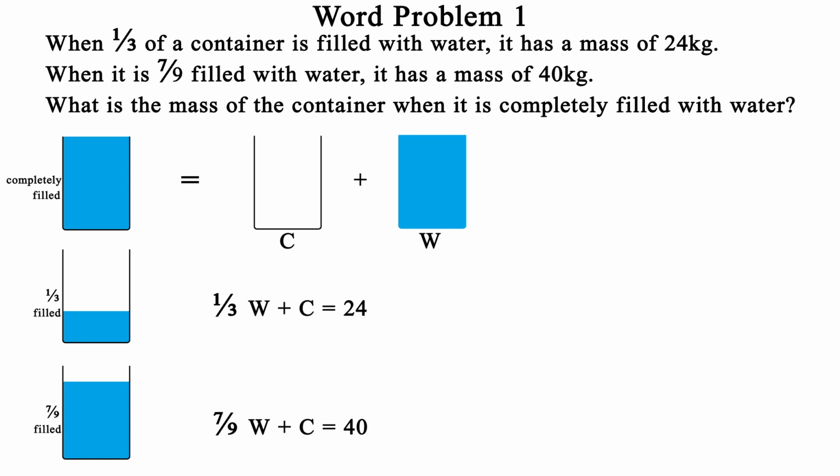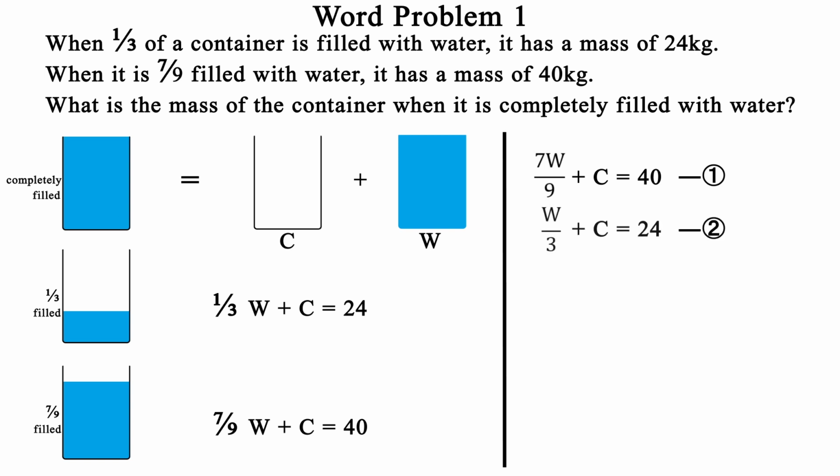So that it looks good and it's easier, the second equation is a little bigger one, so I'm going to write that down first. So I'm rewriting my two equations. The first equation is 7W/9 plus C equal to 40. My second equation I'm going to rewrite now, W/3 plus C equal to 24.